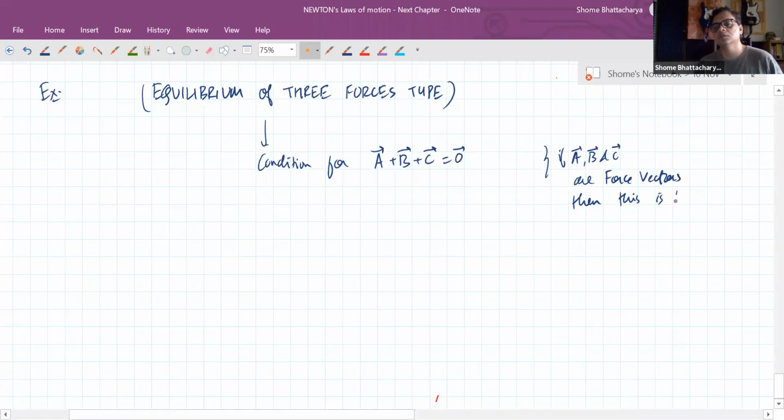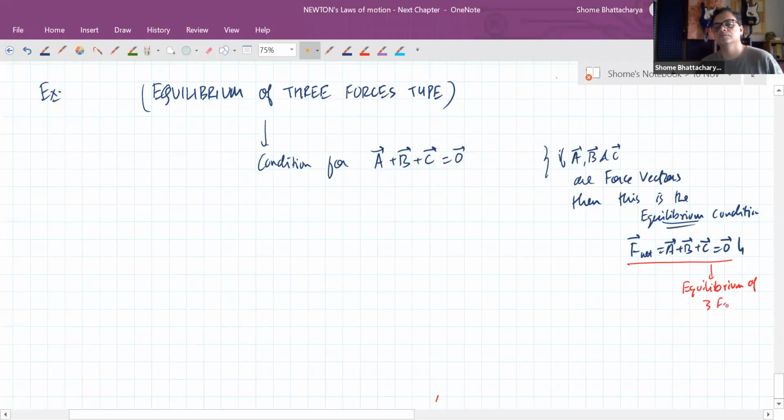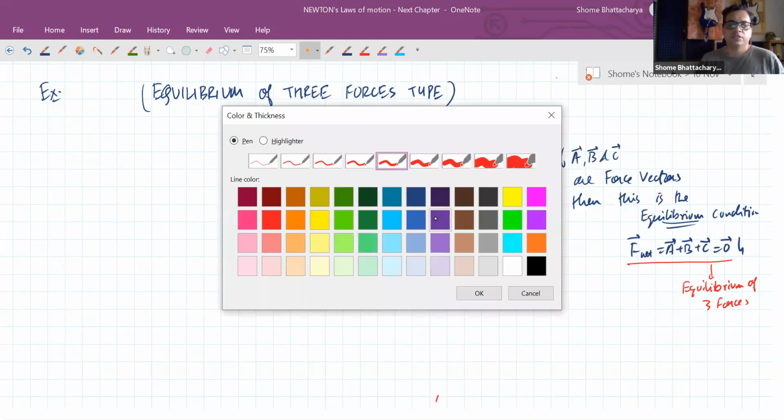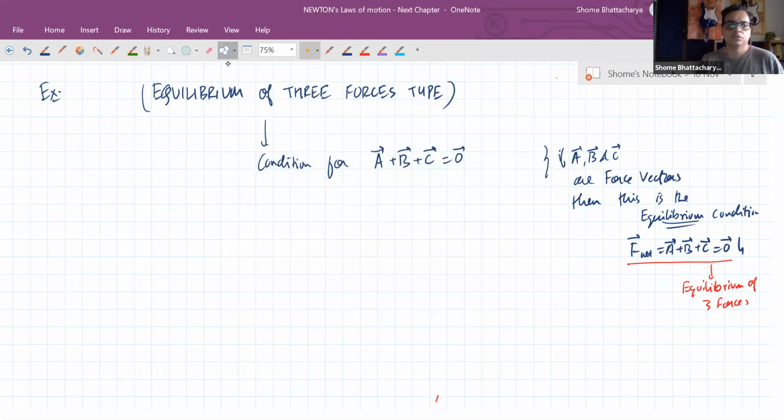Then this is the equilibrium condition, that the net force, which is the sum of the three forces, should be 0. So that is what we mean by equilibrium of three forces. Okay. So we will do this as an example question first, and through that we will develop the theorem further.